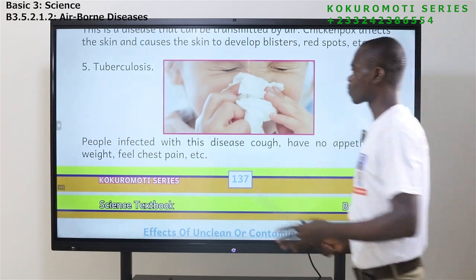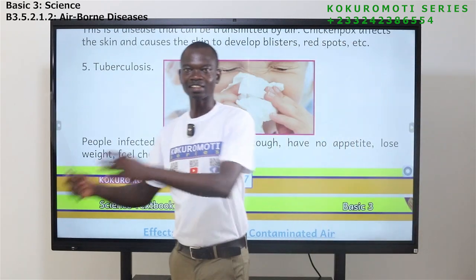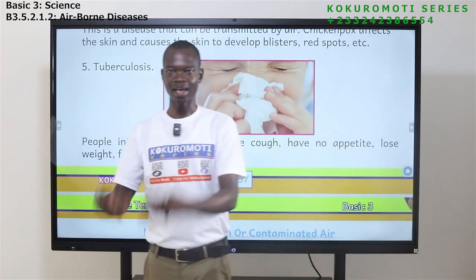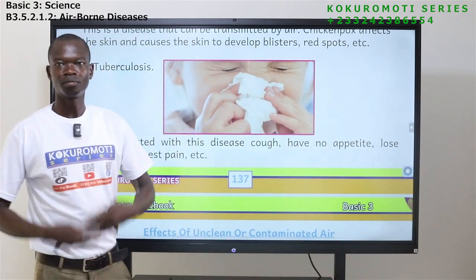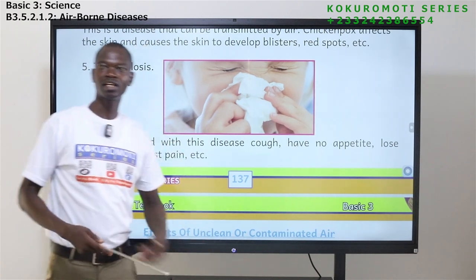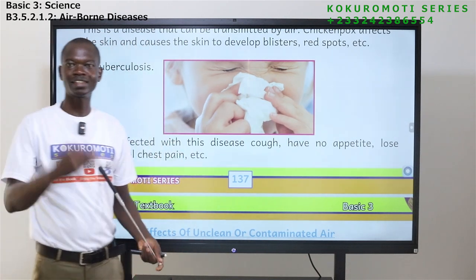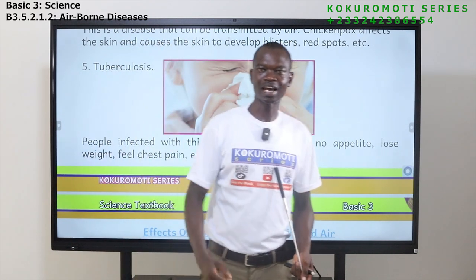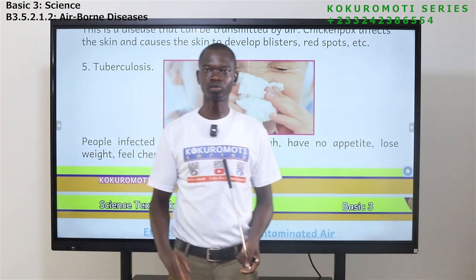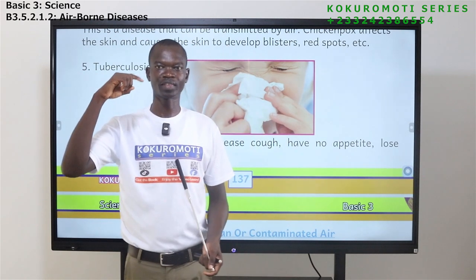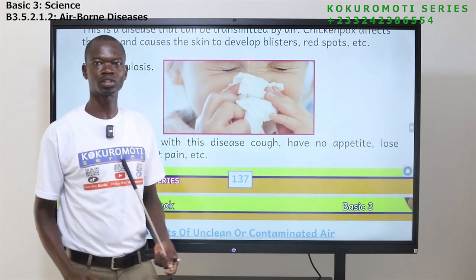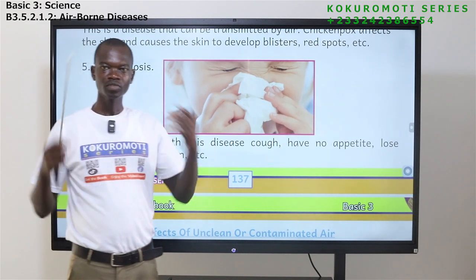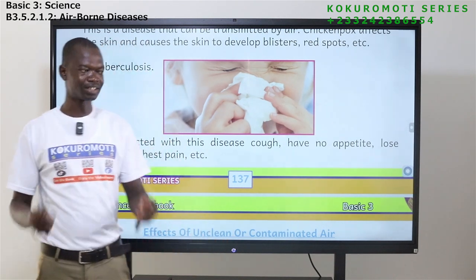Now we have seen that airborne diseases are diseases that can be transmitted from one person to another through air. We do that by coughing, sneezing, and the rest. We have also learned about examples of airborne diseases. Cough is one of them, cold is one of them, measles is one of them, chickenpox is one of them, and then tuberculosis is one of the examples of airborne diseases.